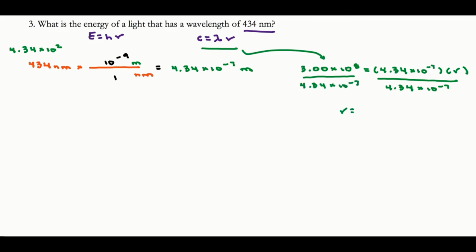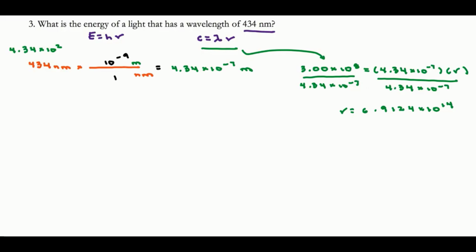Remember to put your wavelength in parentheses when you divide. So I'm going to take the speed of light, 3.00 times 10 to the 8th, and divide by 4.34 times 10 to the negative 7th in parentheses. And what I end up getting, unrounded, is 6.9124 times 10 to the 14th. Remember, I don't want to round yet because I'm not done, because it's asking for energy, not the frequency.